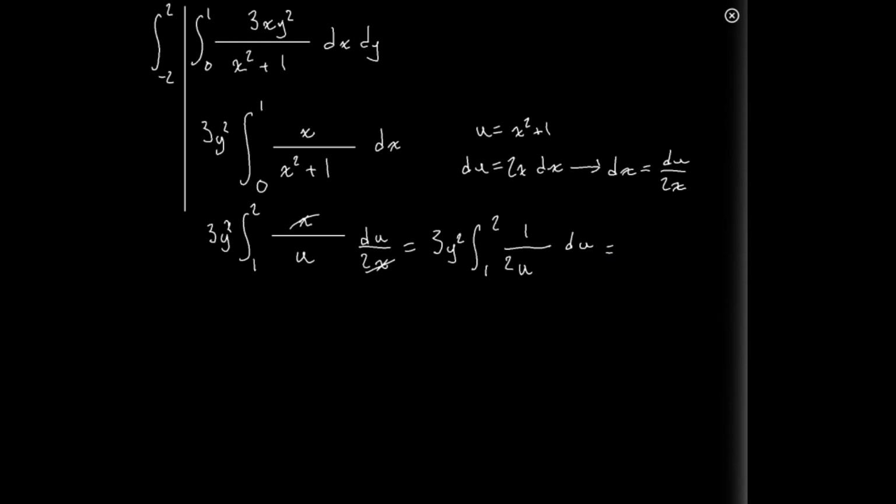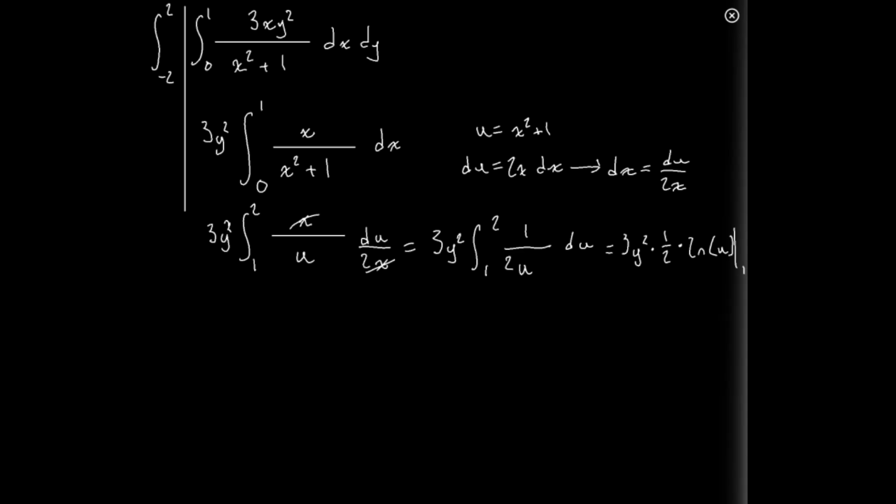So all this is equal to 3y squared times 1/2 times natural log of u. And then we can go ahead and substitute our values for 1 and 2 in.